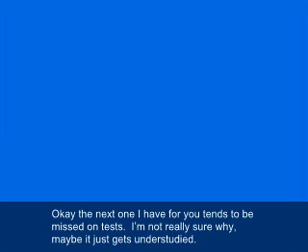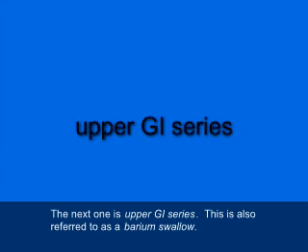Okay, the next one I have for you tends to be missed on tests. I'm not really sure why. Maybe it just gets understudied. But the next one is upper GI series. Upper is U-P-P-E-R, GI, capital G-I, and then series, S-E-R-I-E-S. This is also referred to as a barium swallow. Barium is spelled B-A-R-I-U-M, and swallow is S-W-A-L-L-O-W.